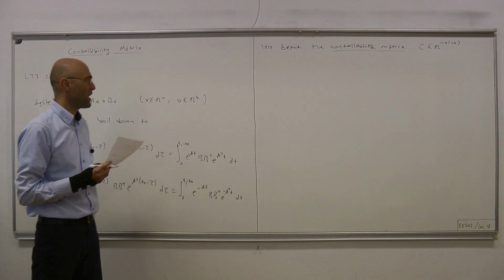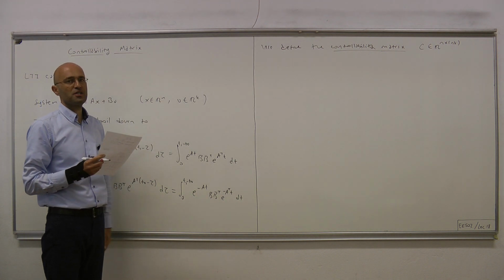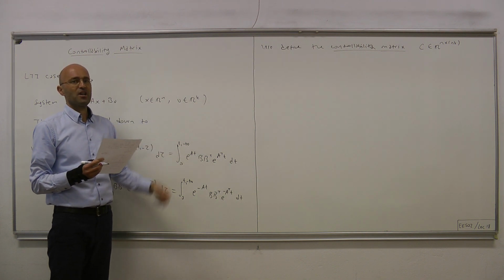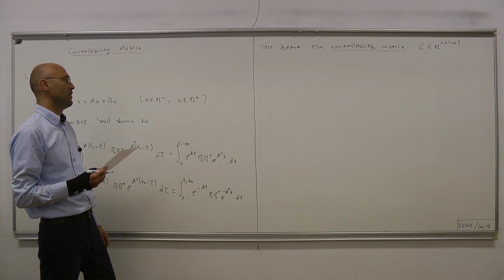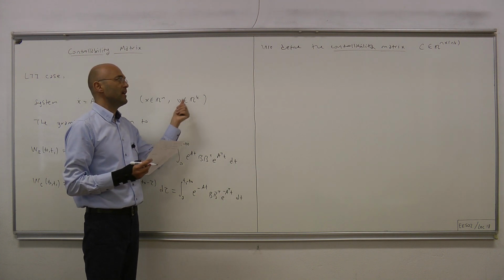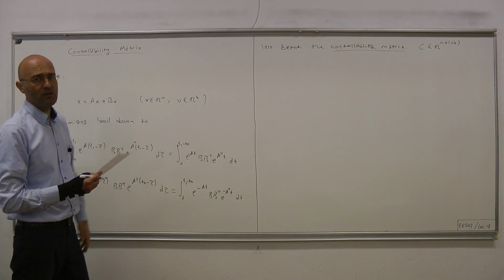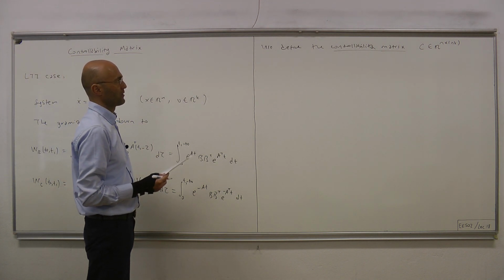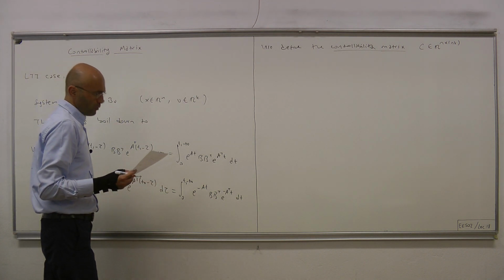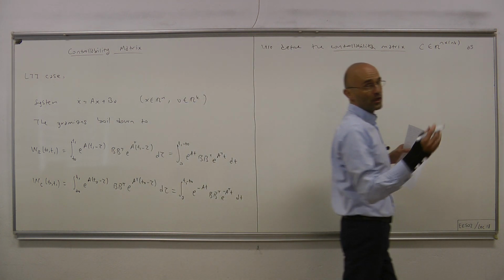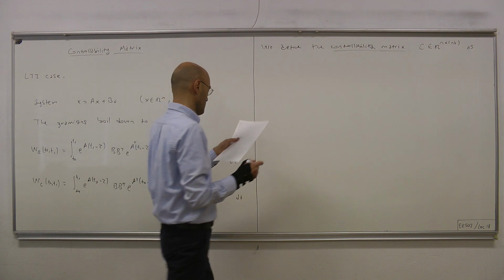So it has n rows, n being the order of the system, and nk columns, k being the size of the input vector. If you have a scalar input, then it becomes a square matrix, but in general it's not a square matrix. So we construct the controllability matrix C as follows.